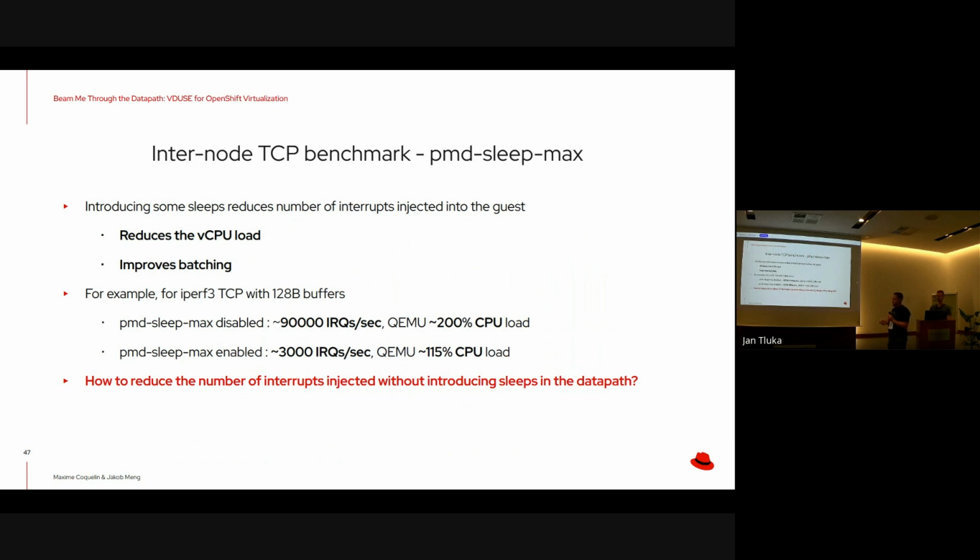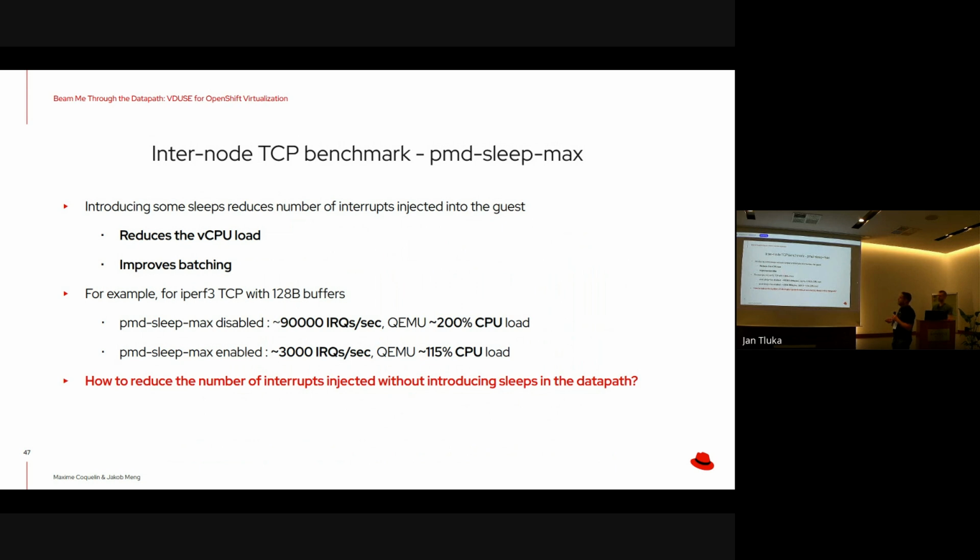Our assumption is that when introducing sleep, we improve the batching, and so we reduce the number of interrupts that we are injecting into the guest. In turn, we reduce the vCPU load. It has fewer interrupts to handle, and when it handles one interrupt, it handles more packets.